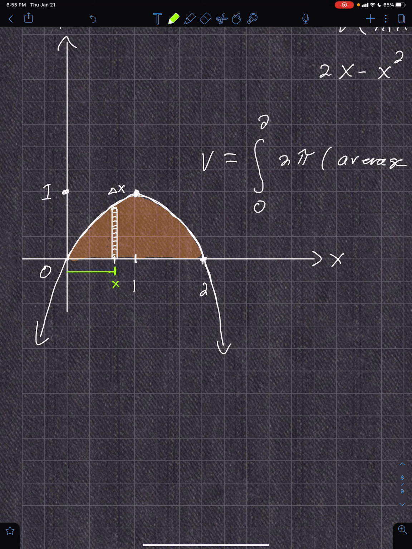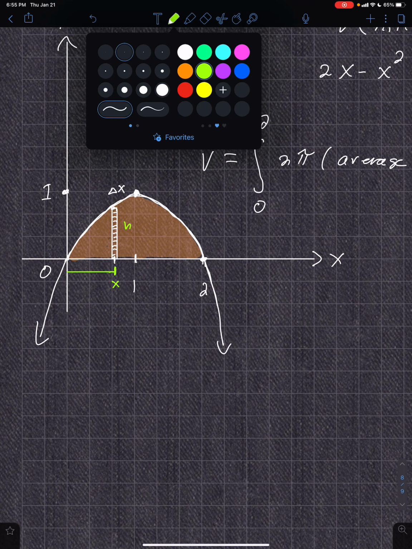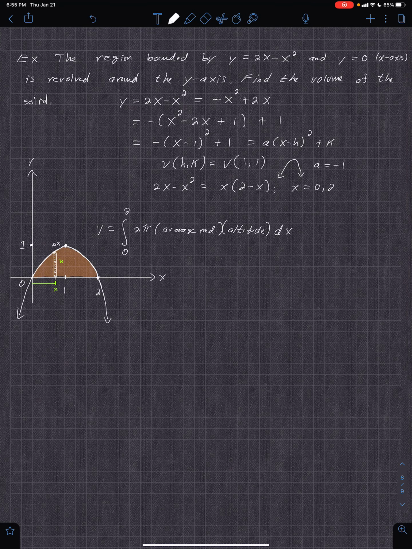And then your altitude is just that height. So your h is just going to be the function value, or the function itself, because it changes as you move across. Okay, so write that down. What's that going to be? That's going to be equal to the integral from 0 to 2 pi, and then x, times the altitude, 2x minus x squared, dx.